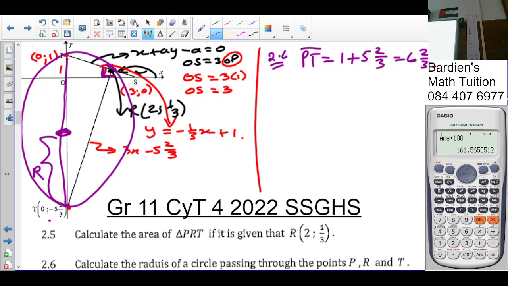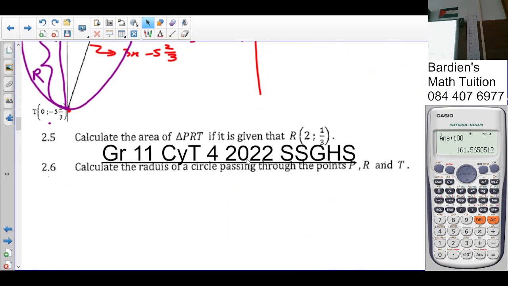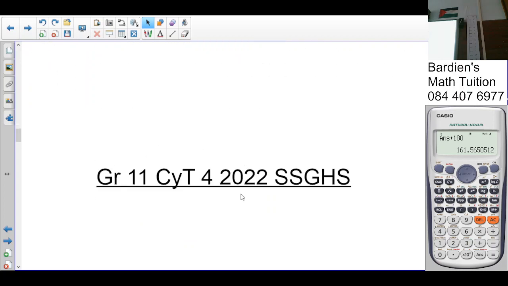So your radius is half of that, which gives you an answer of 20 over 3 divided by 2, which is 10 over 3. Or 3.3, or 3.3 recurring. All of that I would have accepted. Okay? So was this difficult after all? Not at all. Not a chance.